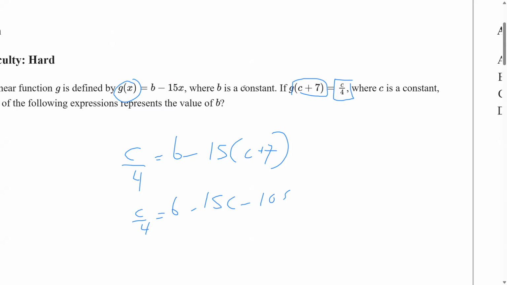Okay, now we can find b in terms of c. Just substitute everything there, shift everything there, and find b. b equals c over 4 plus 15c plus 105.